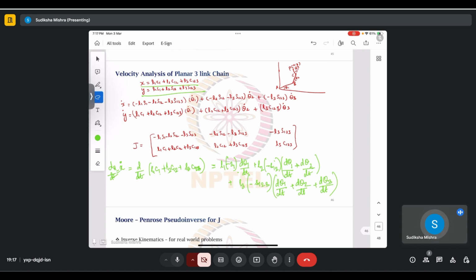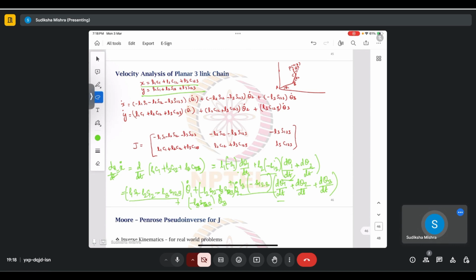Now if you arrange the terms, take all the theta to one side, it becomes minus L1 S1 minus L2 S12 minus L3 S123 into theta 1 dot, plus minus L2 S12 minus L3 S123 theta 2 dot, plus minus L3 S123 theta 3 dot.